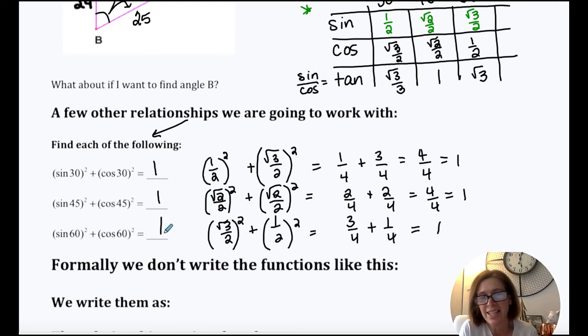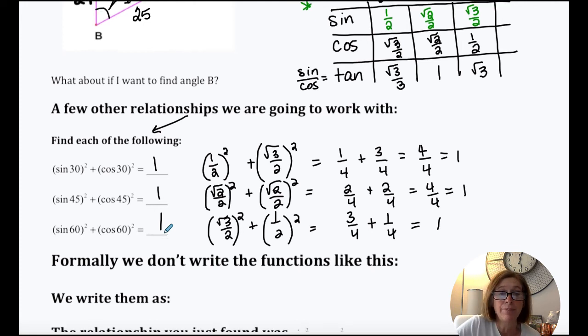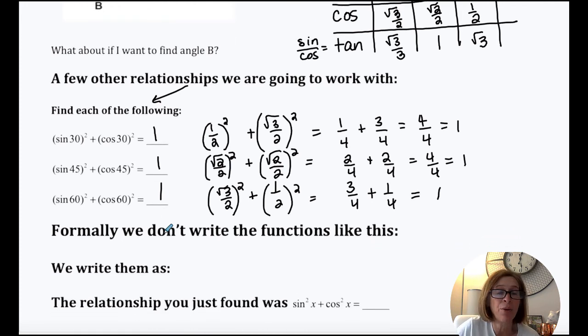So we investigated this in class, but if you weren't there, this is basically what's happening. And what I want you to recognize is that they all equal 1. Well, that's a true statement, and we call that the fundamental identity. When you take the sine of an angle and square it, and add it to the cosine of that same angle squared, you're always going to get 1.